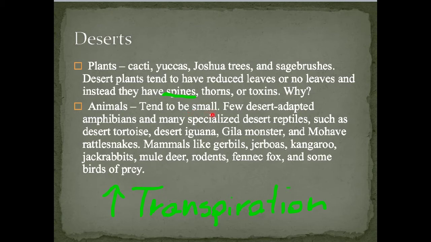Common animals tend to be small, right? Because they don't want to have to deal with such a large body mass in dealing with temperatures. You get animals smaller in warmer areas but bigger in colder areas, all has to do with the temperature and homeostasis going on within the individual.